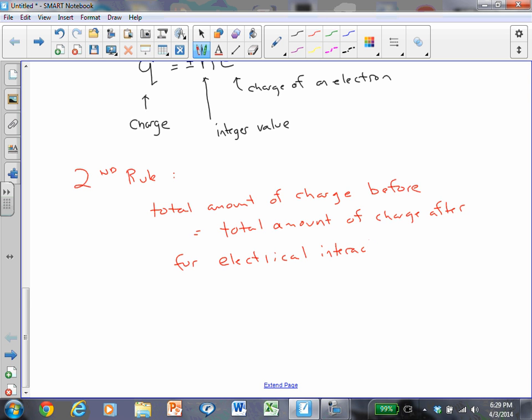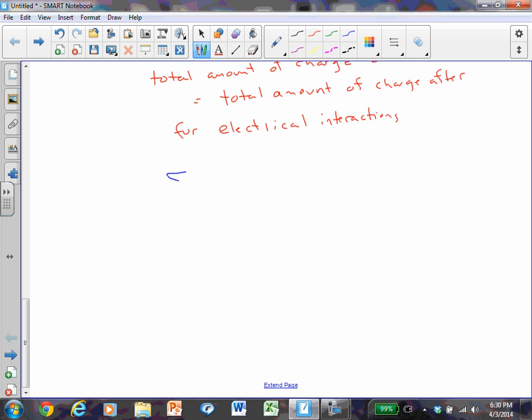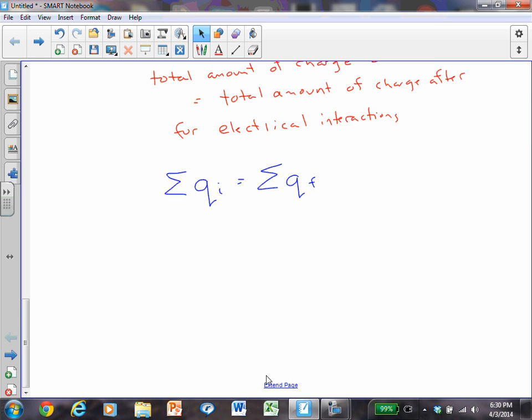In equation form, if you sum up all your Q's initially, they're going to equal the sum of the Q's finally. So you might take one object and another object, and some electrons might be transferred from the one object to the other object. So now one object has a net negative and the other has a net positive, but overall, that net charge before is equal to the net charge afterwards.